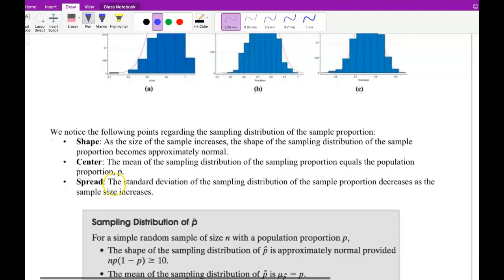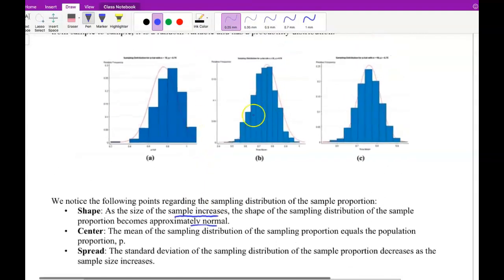Here we have the distribution of the sample proportion. The shape: when the sample size increases, the sampling distribution of the sample proportion becomes approximately normal. So when the sample size increases, this will be approximately normal. Let's have an example here on top.